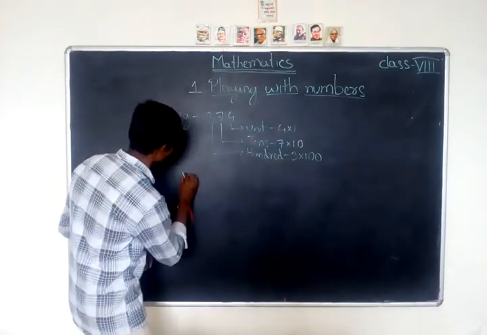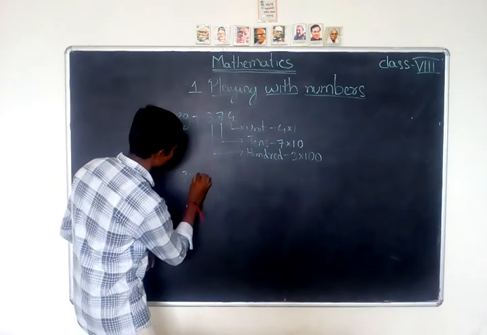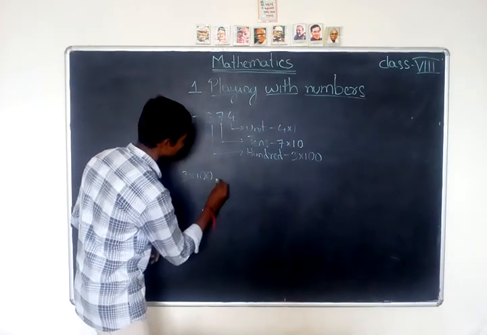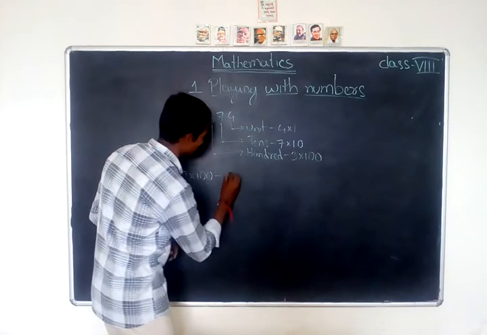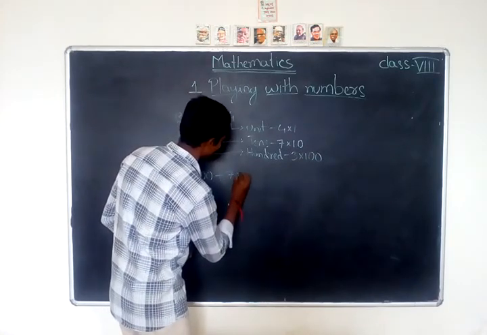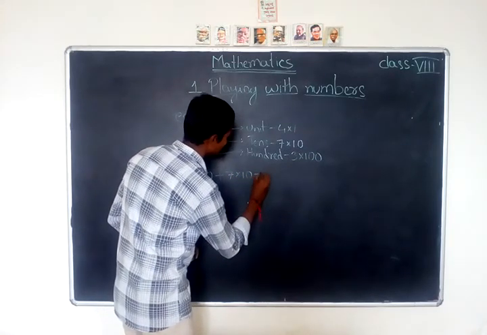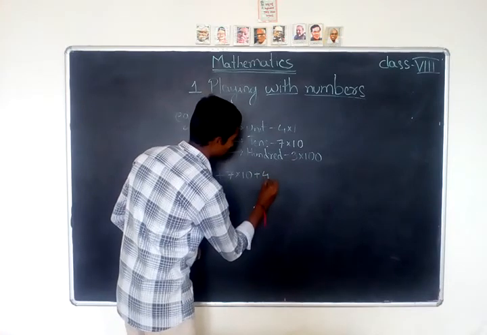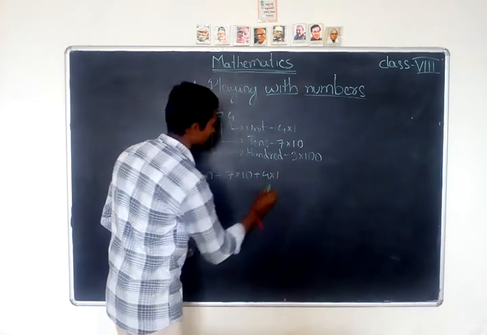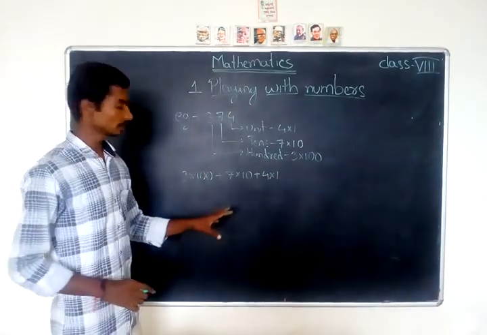Let's see. 3 into 100 plus 7 into 10 plus 4 into 1. Why we have written like this?